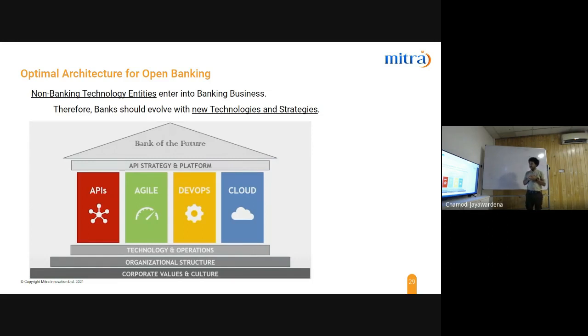That's what I mentioned here. There are new technologies and strategies coming, so the bank needs to focus on that. Why? There are non-banking financial companies as well, maybe telcos coming into the picture as non-banking financial players. They also come and get involved in this sector, so the bank has to compete with them as well. For that, the bank needs to strengthen its backend.